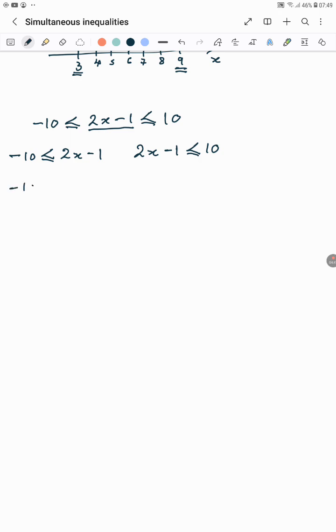You're going to take minus 1 to the left hand side, it becomes positive, and here you remain with 2x. Here you're going to have minus 9 less than or equal to 2x, divide both sides by 2, and here you're going to have minus 4.5 less than or equal to x.